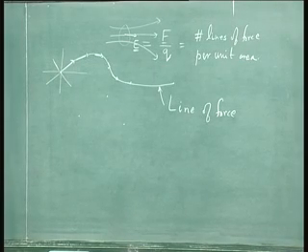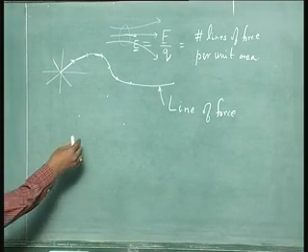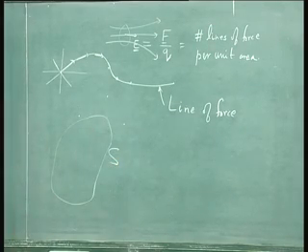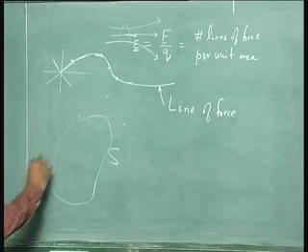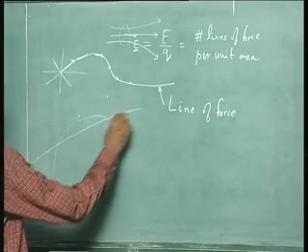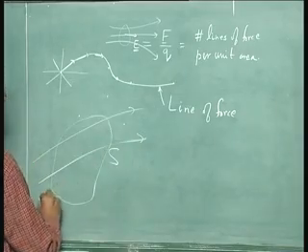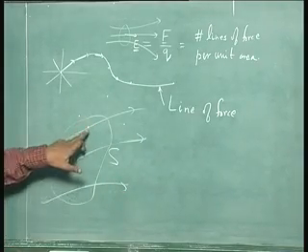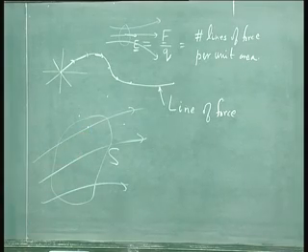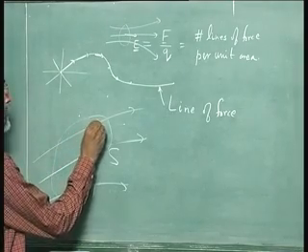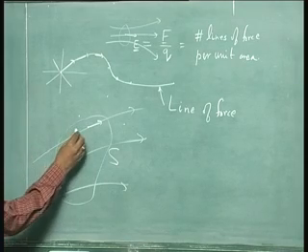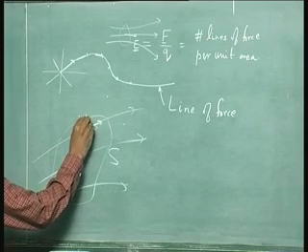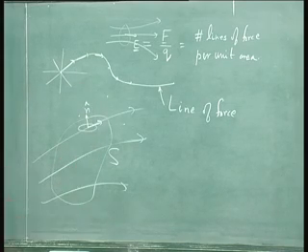Now, we used this idea last lecture. We said that supposing you have a volume, I am going to call it S, and supposing I have lines of force, and this line of force cuts through this surface at some point. So, the electric field is in the direction of the line of force, whereas at that point the surface has a normal pointing some other direction.